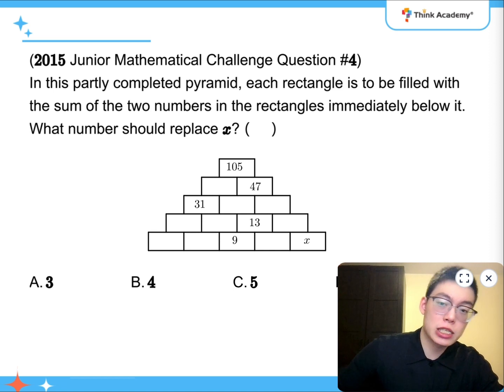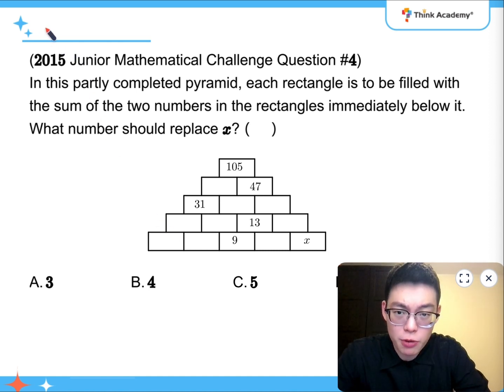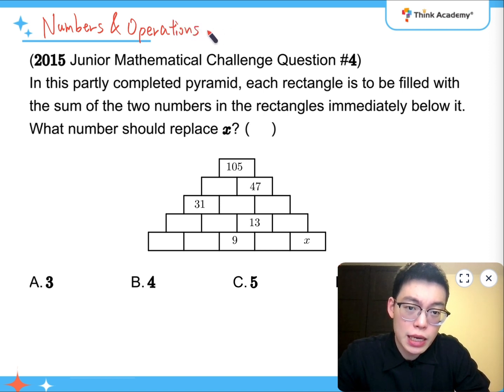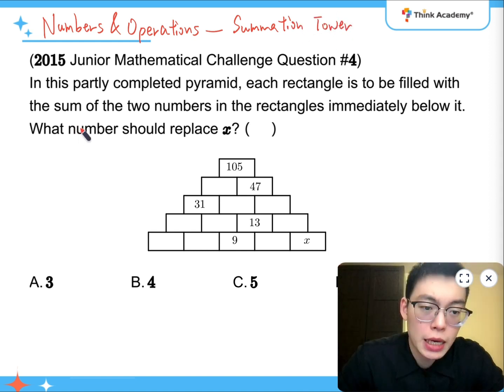And for the next problem, question 4. All right, so this is another numbers and operations problem. And I believe you might have seen these kinds of questions in your 11 plus before, if you have done 11 plus. So it is the summation tower, which means that each two numbers down the bottom is the sum of the number on top.